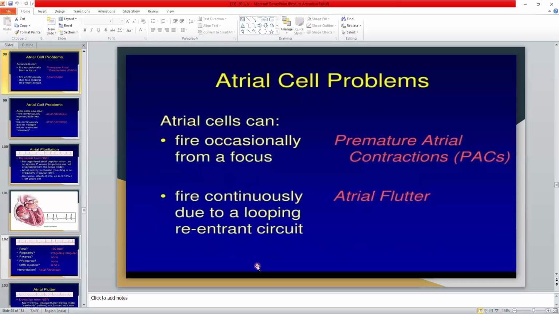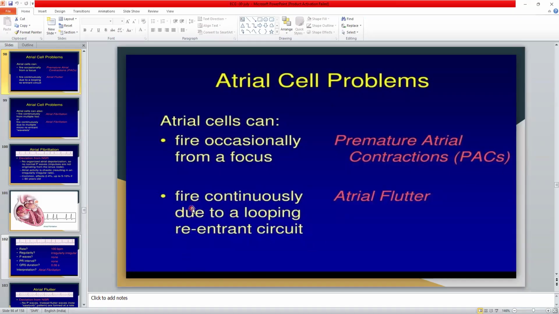So what happens when the atrial cells produce the cardiac impulses? When the atrial cells fire occasionally from a focus, it is known as premature atrial contractions or PACs.